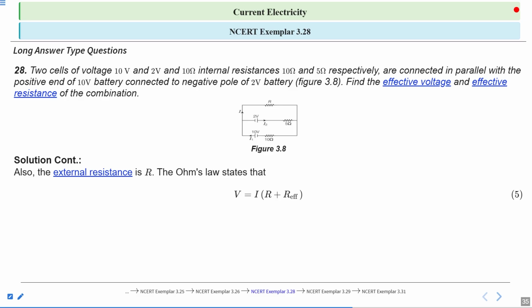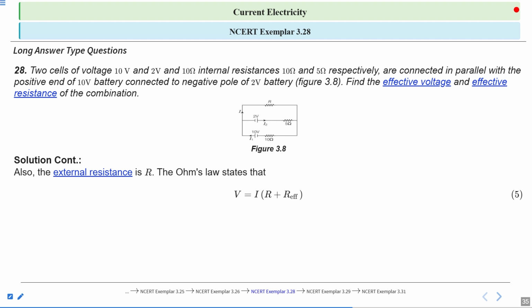So V can be written as I into capital R plus small r. In this question, the net effective internal resistance of both the cells is taken as R effective, and capital R is taken as the external resistance.